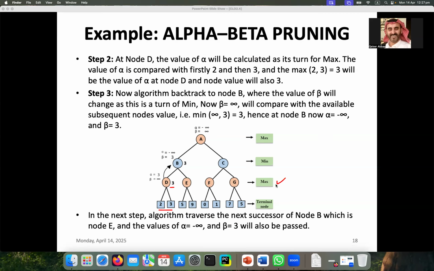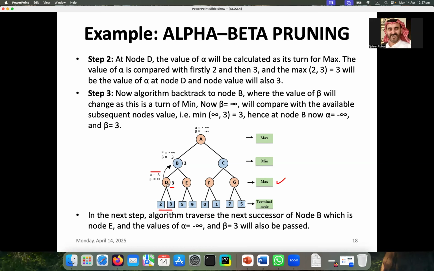No, it is the level of the max. So then you have to think, what is updated? The value of alpha is updated, because alpha is the variable for the max player. So this is 3. And the value of beta is still plus infinity.